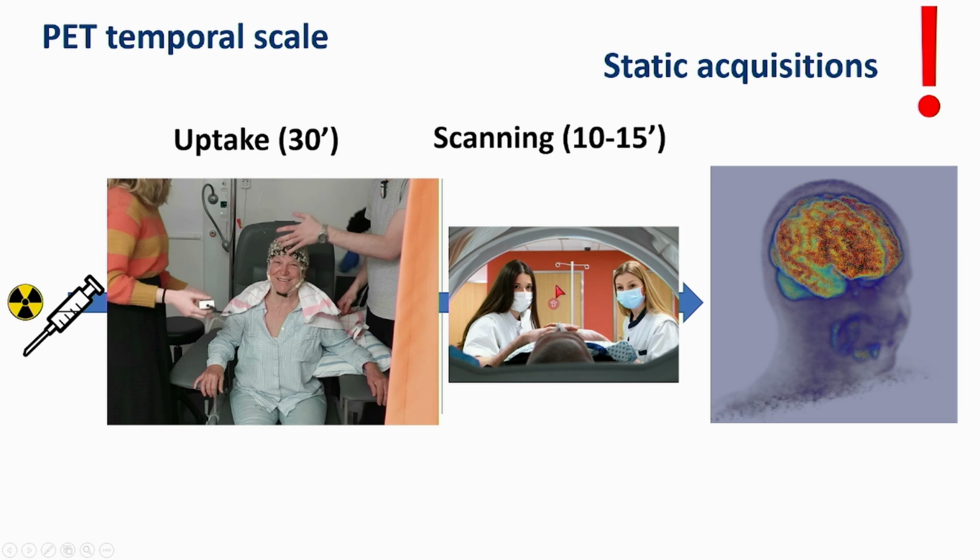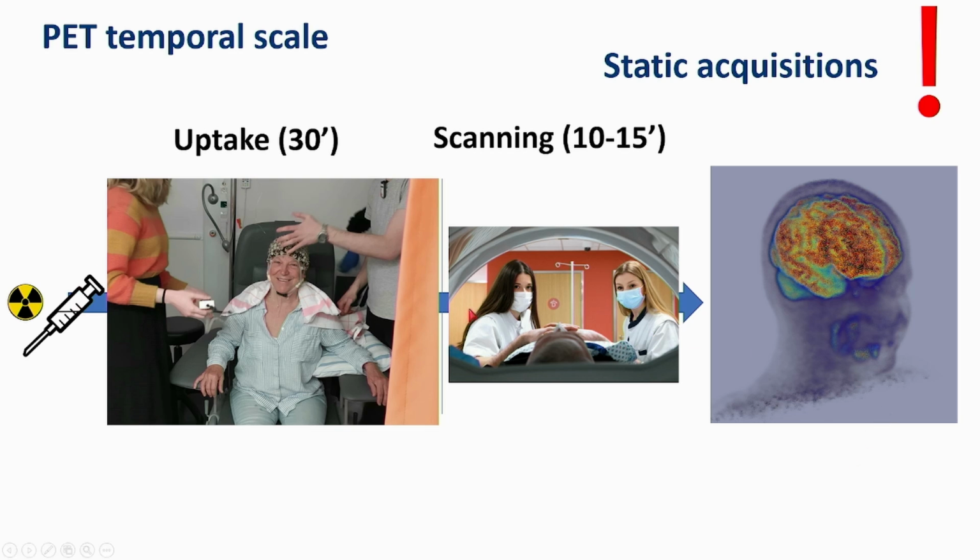But what was measured in these 10 minutes depends on what happened in the uptake phase, because it's in the uptake phase that most of the glucose metabolism is fixed in the brain. So you have a volume that is 10 minutes long, but what it reflects is something happening over a longer process.